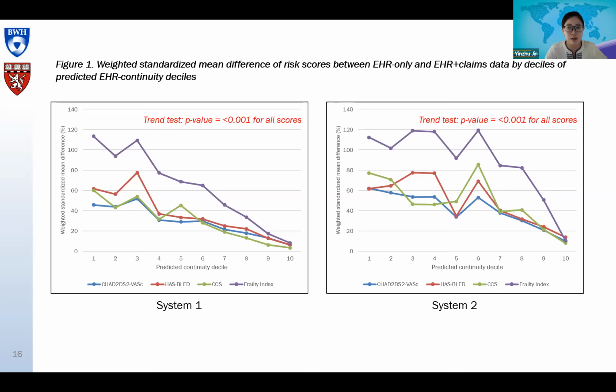Different colors represent different risk scores. As you may find from the figure, the trend of decreasing misclassification with increasing EHR continuity is consistent for all 4 risk scores in both EHR systems, and the p-values were statistically significant.